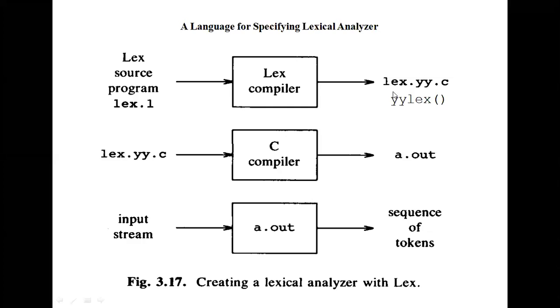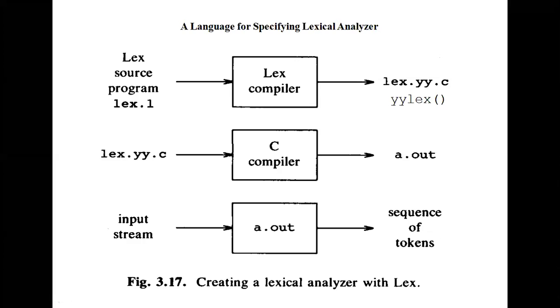And this lex.yy.c file consists of a tabular representation of the transition diagram, right? Whatever we already learned in the last slides in this class, the representation of the transition diagrams and, from the diagram, the table representation, everything is in this lex.yy.c file.